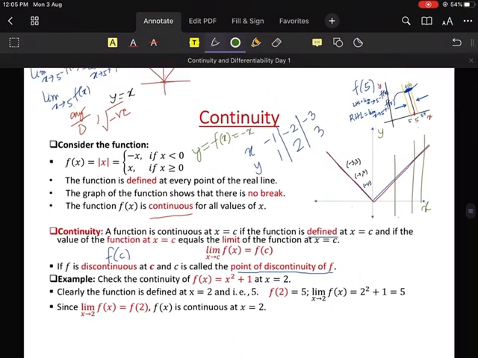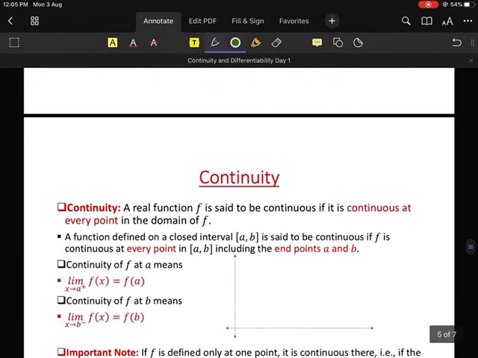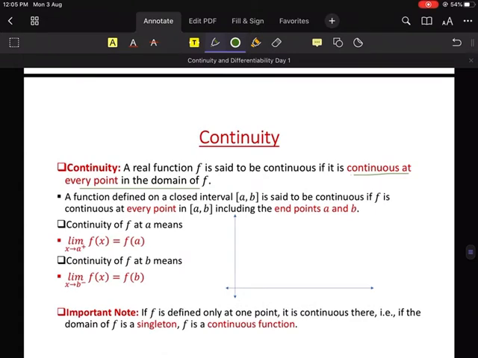Understood? There is no break in here. There is no gap in here. Clear? So a function is known as continuous if it is continuous at every point in the domain of f. Now domain means what? Domain is all the possible values of x for which the function is defined. So that's what domain is. Understood? Am I clear? Now next one.